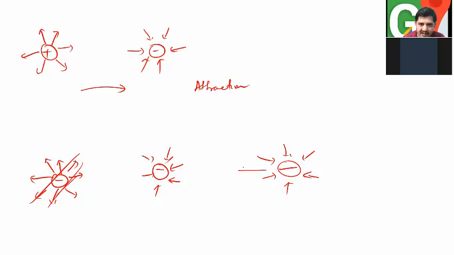So it pulls this charge in this way, while this negative charge tries to pull it the other way around. It is like a tug of war. You have a single knot, for example. There are people who are pulling it this way, and there are people who are pulling it that way. So as a result of it, you cannot expect both of them to come nearby. They will always move farther apart. So in other words, there is a repulsion.